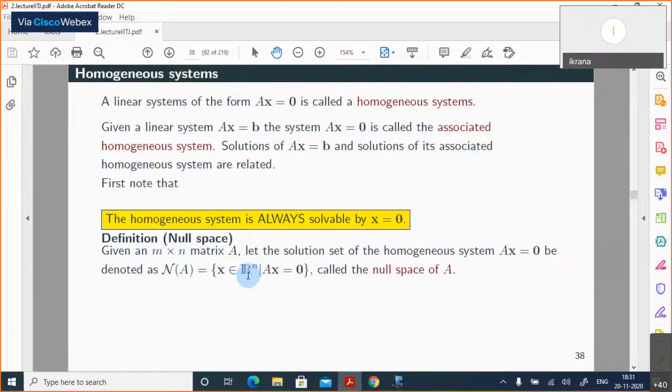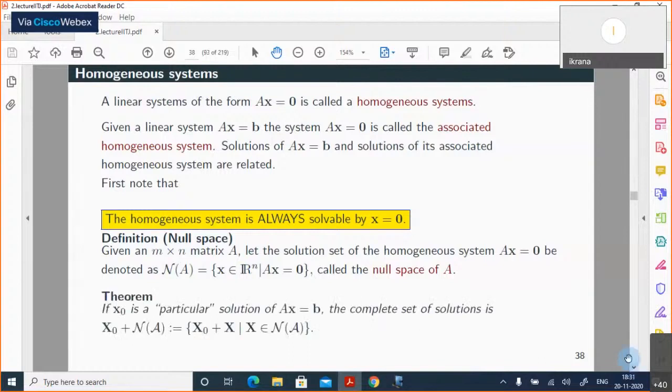Why it is called a space becomes obvious with the next property. For Ax equal to b, all solutions are given by x0, some particular solution, plus a solution of the homogeneous system.